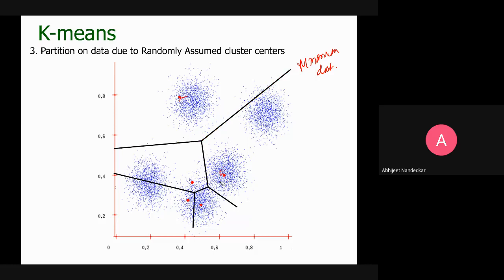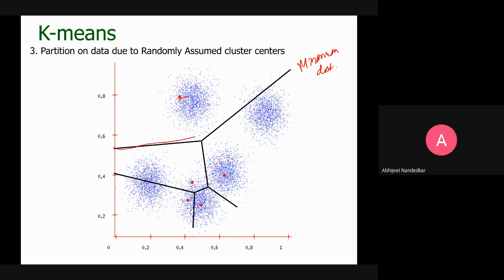So you can see if I join these 2 points, then this perpendicular line becomes the boundary between two classes. Similarly, if I join these 2 points, then perpendicular to this becomes the decision boundary. So like that, these boundaries are constructed for all the 5 centroids.